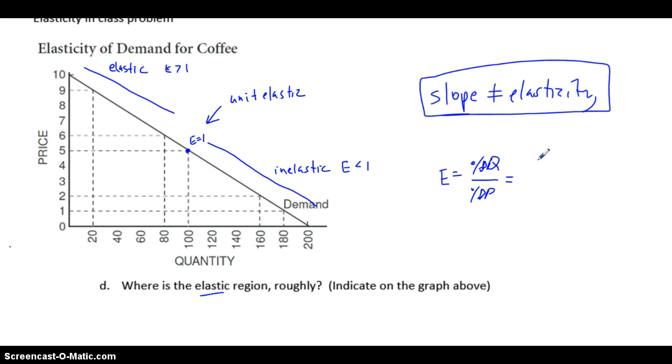So that means we're going to get huge percentage changes in quantity and small percentage changes in price when we're playing in this area. And that's why it's elastic, because we're getting large changes in quantity for small percentage changes in price. Because the quantity is the piece that's near the origin here, we get an elastic section of the curve.